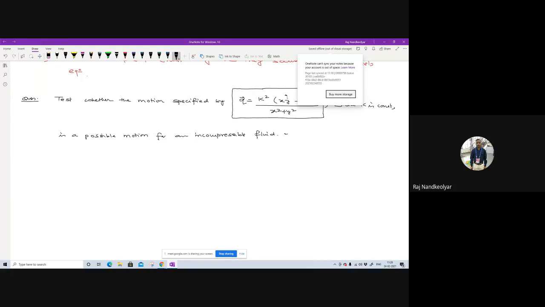So for an incompressible fluid, in order to identify whether it is a possible fluid velocity vector or not, what should we check?